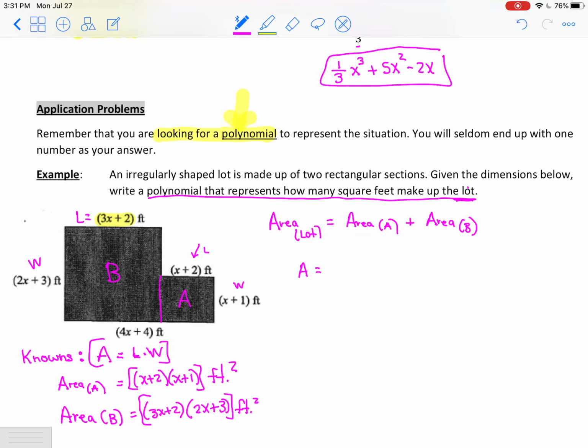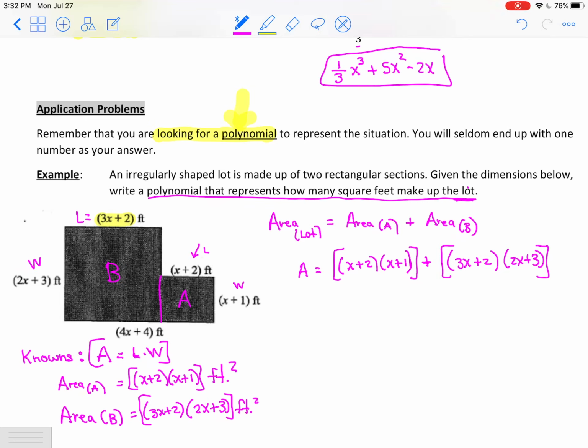All right, so let's come down here and start some work here. So area of A we have listed up here. We've got x plus 2 times x plus 1. And we're going to actually have to add that to our area of B, which is going to be our 3x plus 2 times our 2x plus 3.